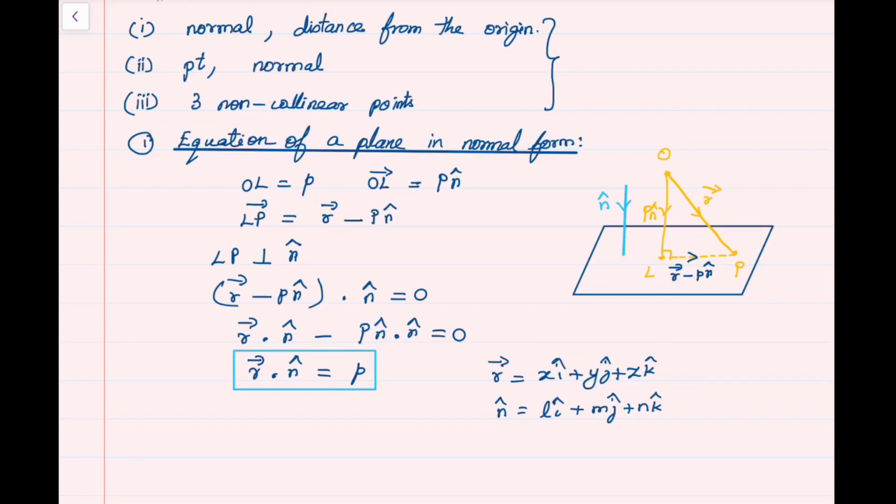Vector r dot n cap, let us do the dot product and write. Multiply the corresponding components. lx plus my plus nz is equal to p, where p is the distance of the plane from the origin. This is the Cartesian equation of the plane in normal form.